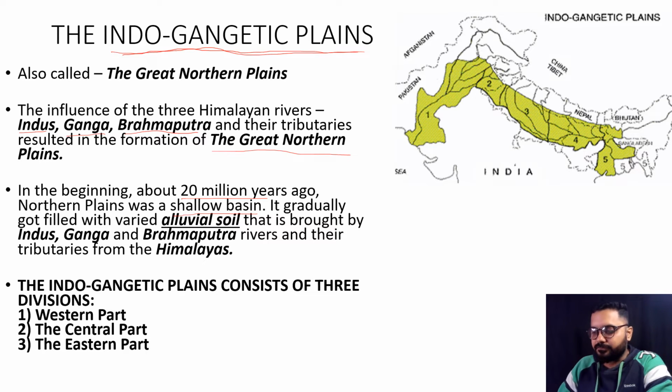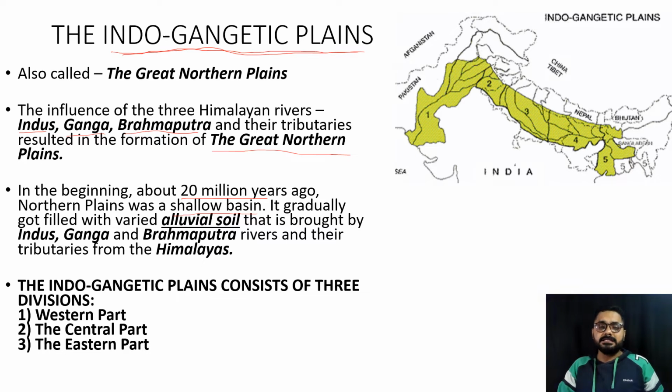But over some millions and millions of years, the Himalayan rivers that flowed through these basins brought with them alluvial soil, and this alluvial soil got filled in these shallow basins. So what is this alluvial soil?